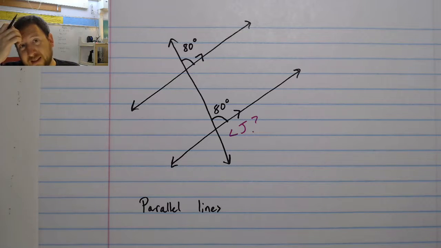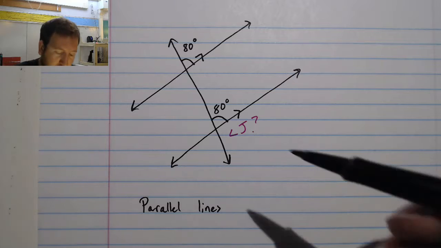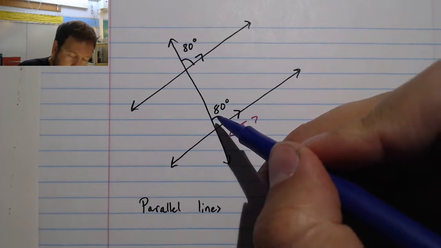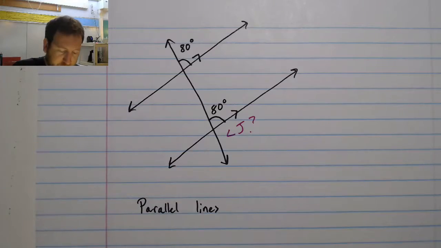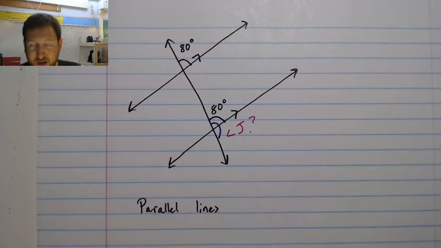Well, that's really easy and kind of convenient for me, because now it's very easy to figure out what angle J would be, because I can use my theorem that I made before, my adjacent angles, and say, well then, this entire thing has to be 180 degrees.